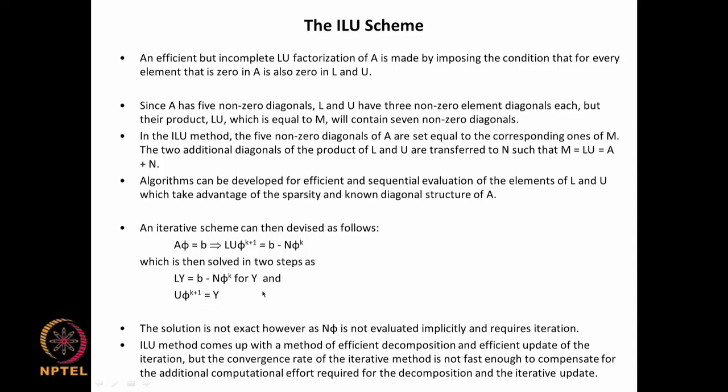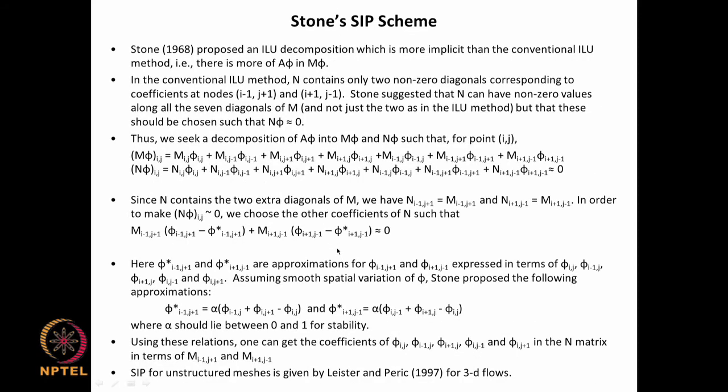So, with that kind of thing, it is possible to come up with something which is more strongly coupled, more strongly implicit than in the conventional ILU method, and that gives us an incomplete LU decomposition which is strongly implicit and therefore has a fast convergence rate, and which can also be extended to 3-dimensional flows. So, this is also one such method that is quite often used for 3D computations and 2D computations.